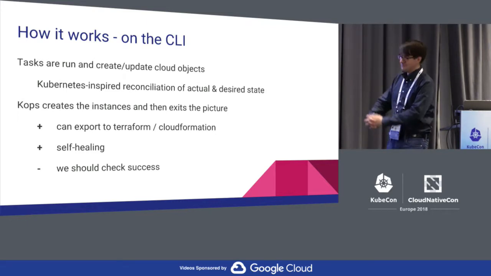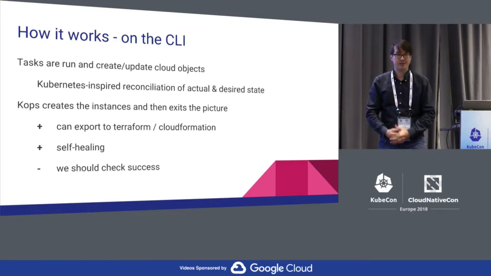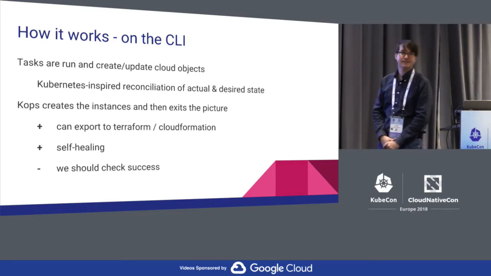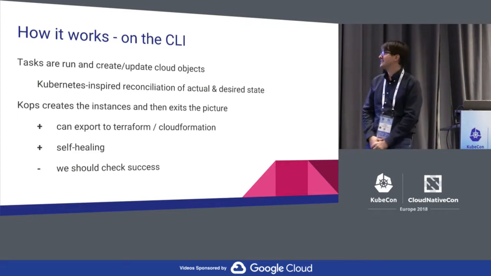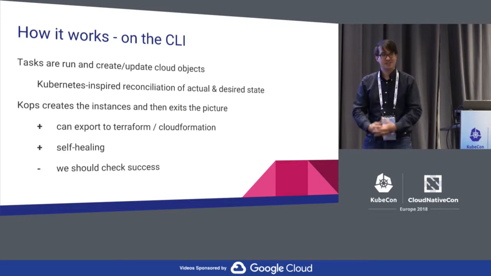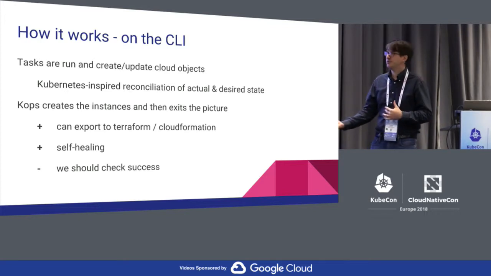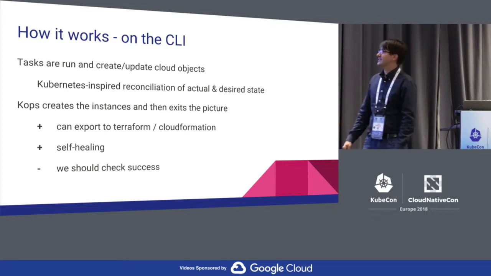And so kops creates those cloud objects, and then it exits the picture. It's not running on your cluster anymore. That has some good things and some bad things. A good thing is that it can export to Terraform or CloudFormation, so we don't have to do the actual creation ourselves, and we can pass it off to another tool. Another good thing is that it's self-healing.